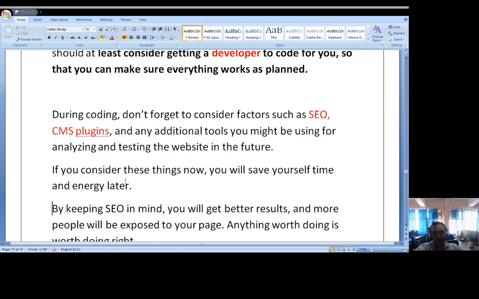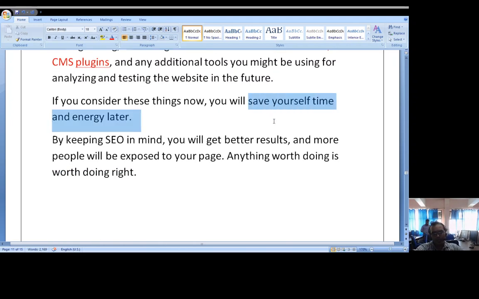Here the investment is all about time and energy. Let's make it proper, so that we need not worry about it in the future. Let's move ahead.